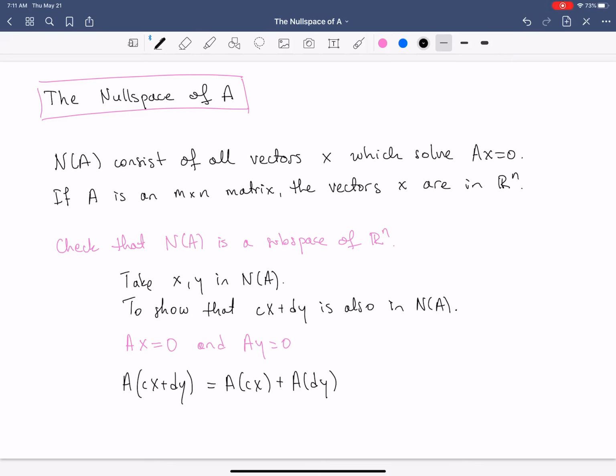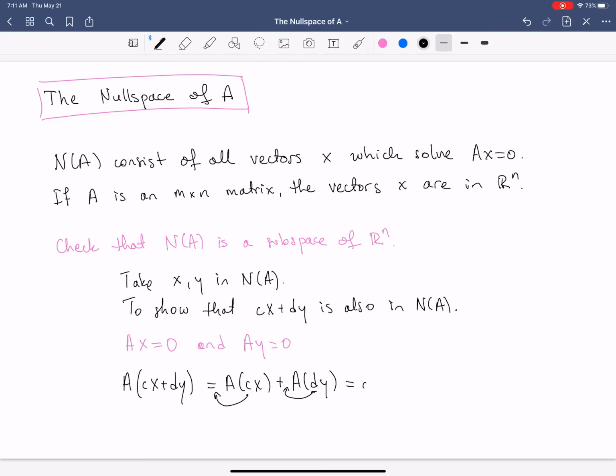Now, these constants c and d can come out. You could first multiply A by x and then multiply everything by a constant, or you could first multiply x by a constant and then multiply A times x. These are allowed operations with matrix and vector multiplication.